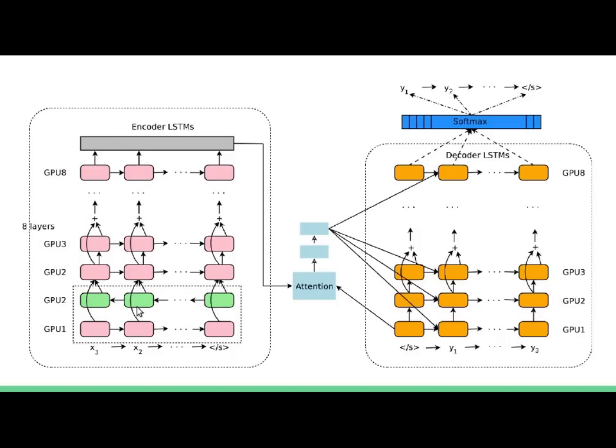And they did not do that on every layer, I should say, because they wanted to parallelize their processing. So there was a GPU 1 here, a GPU 2, etc. Why did they not use bidirectional everywhere?